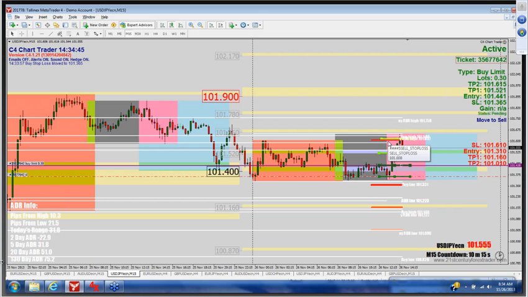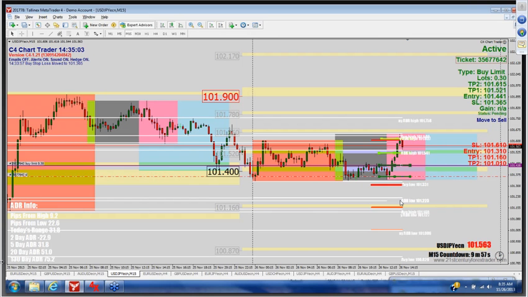We'll wait until after news, see what price is doing, see how the market's trading, and then based on that, we can go back and enter an order. So for right now, I'm only going to enter this buy on a retest of 101.44, which was a key level for us. It's also the channel bottom.